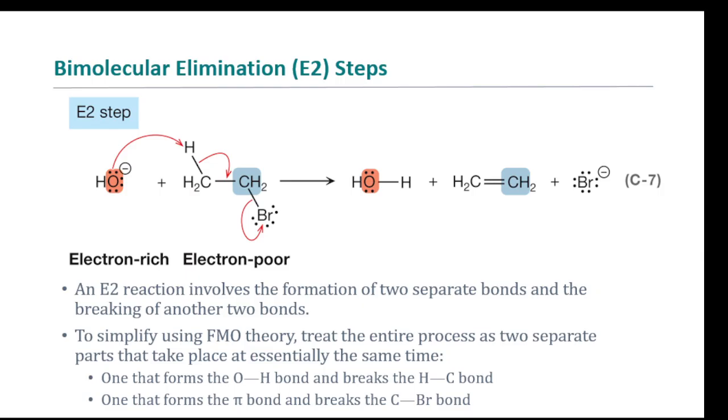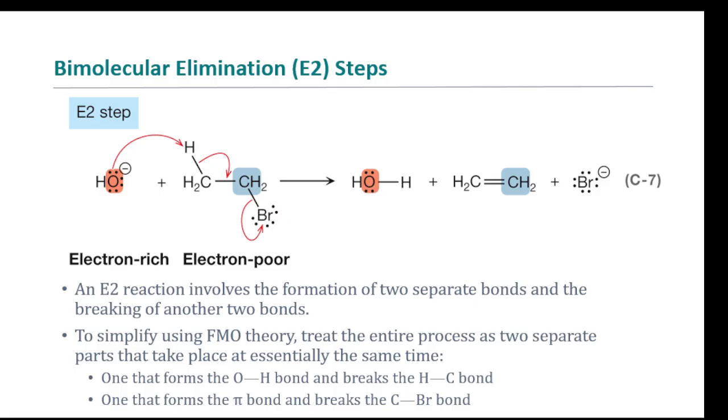Okay, so let's look at the bimolecular elimination. Again, this would be your E2 steps. This is going to be the formation of two separate bonds and the breaking of another two bonds. Now, in this case, because we have the multiple bonds, it can get a little bit complicated if we look at everything at once.